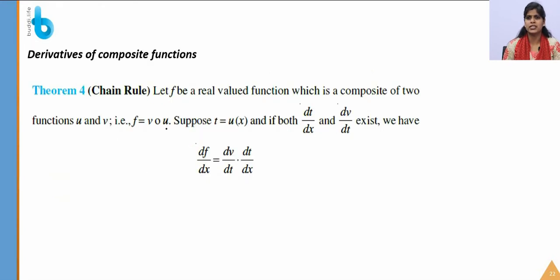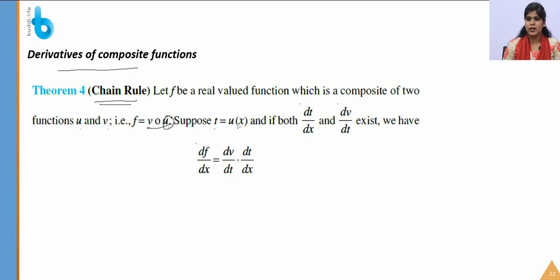Next we will see the derivatives of a composite function. Composite function means more than one function put together. For this we have a rule called the chain rule. What is the chain rule? Let f be a real valued function which is a composite of two functions u and v. In that case, the function u you express as t.